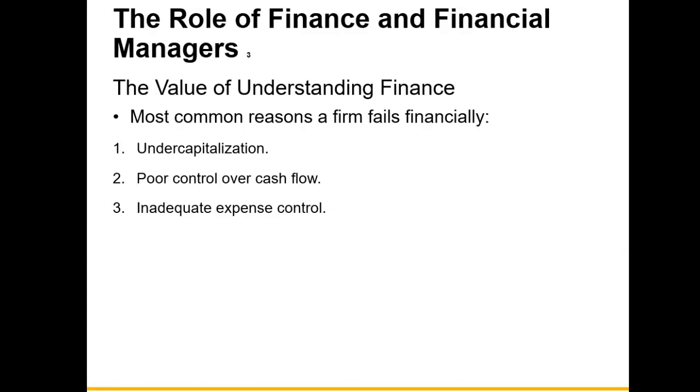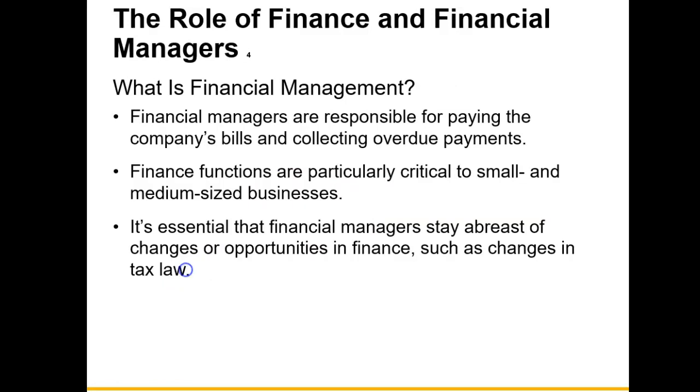These are the top 3 reasons why a company fails financially. They don't have enough funds, undercapitalized, poor control over their cash flow, and they have inadequate expense controls, meaning that their spending is going to be more than what it should be. So as a financial manager, you're responsible for paying the company's bills and collecting overdue payments.